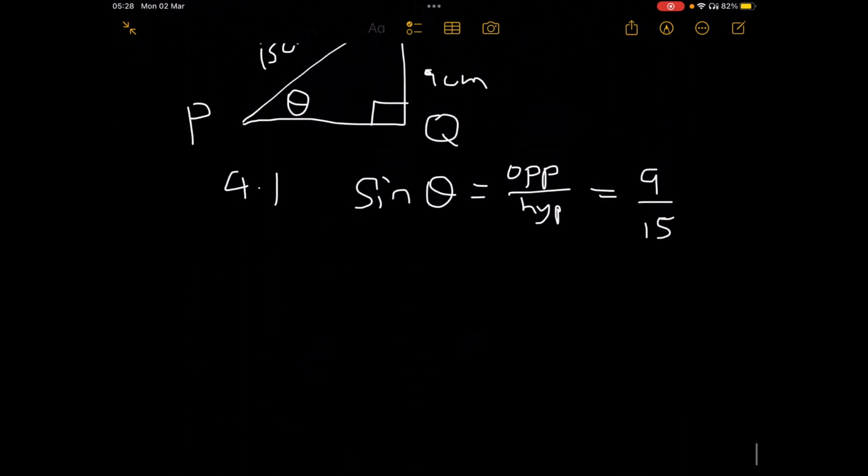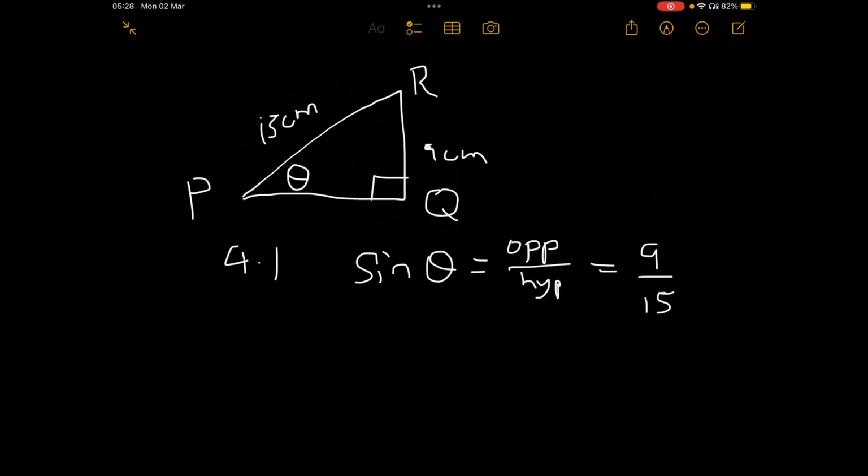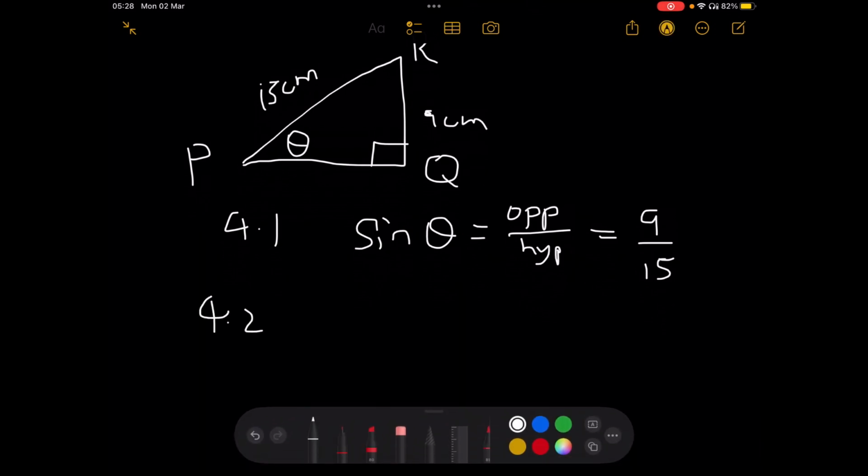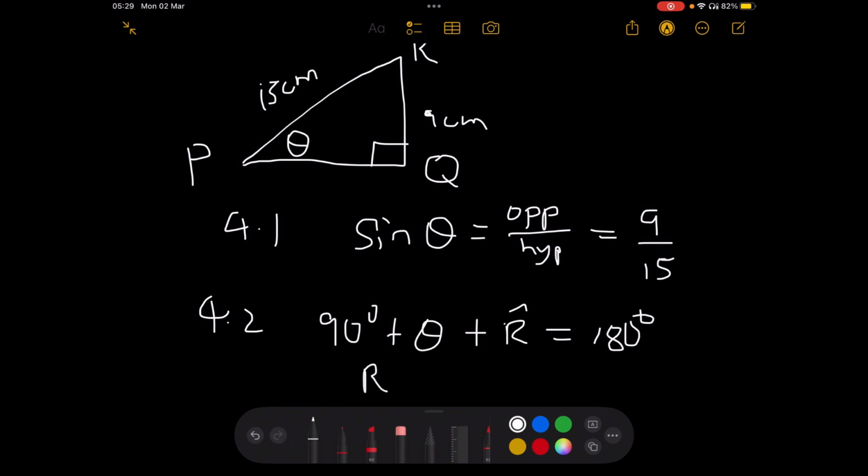And 4.2, they're looking for angle R. So you can say that 90 plus theta plus angle R equals 180 degrees, and then angle R is equal to 90 minus theta.